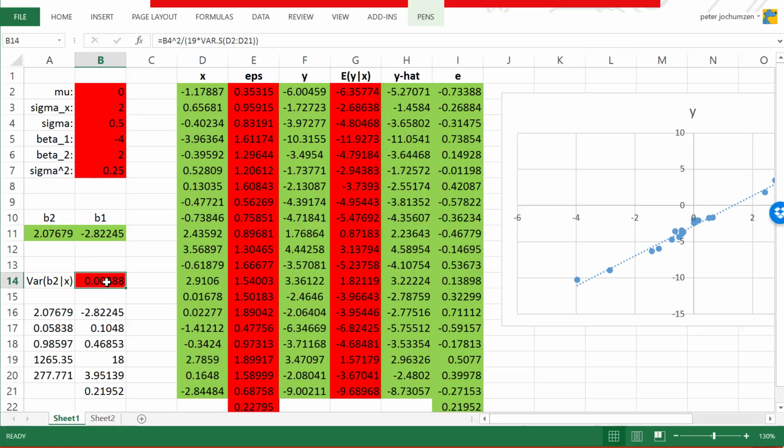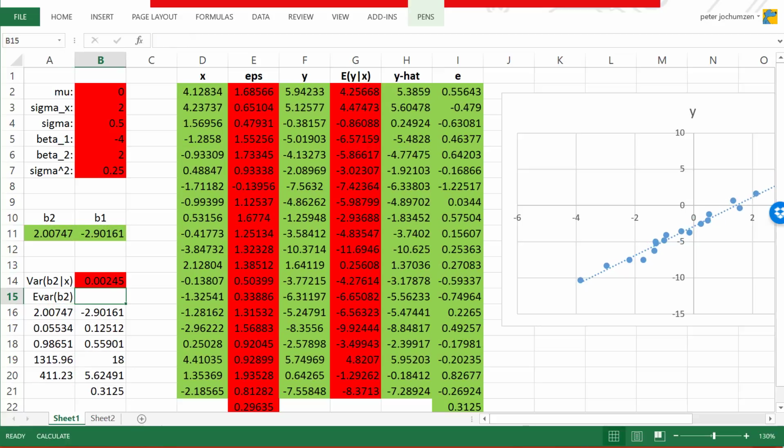If you look at the formula, you see that it includes beta 2 squared... sorry, sigma squared, which is unknown to us, and that's why we painted it red. So the idea is simply to find the estimated variance of B2. I'll call it EVAR. It's not that easy to make hats in Excel. So look at this formula. I can just copy this formula.